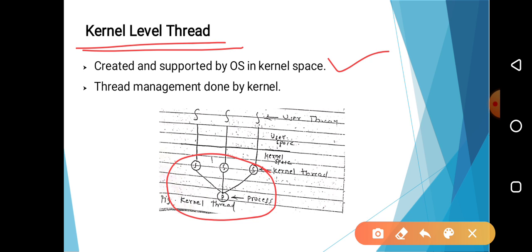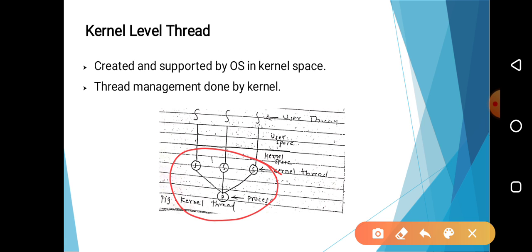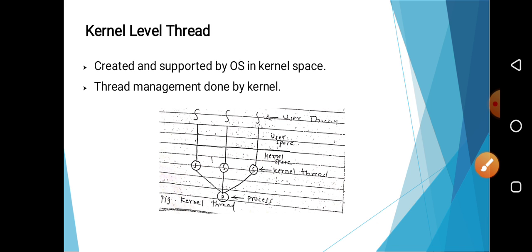It is created and supported by the OS in the kernel space. All the thread management, that is thread creation, thread deletion, thread manipulation, and communication, is done by the kernel only. As you can see in this picture, these are the kernel threads because they are implemented at the kernel level.